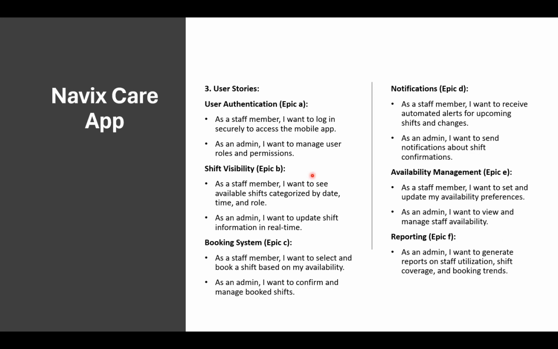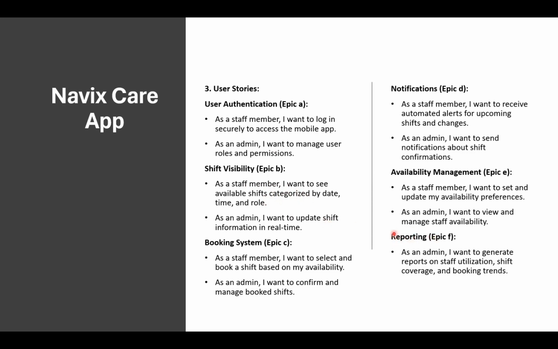Now, when I talk about user stories, look at an example of a user story. As a staff member, I want to log in securely so that I can access the app. As an admin, I want to manage user roles and permissions. As a staff member, I want to see available shifts categorized by date and role so that I can book the shift.